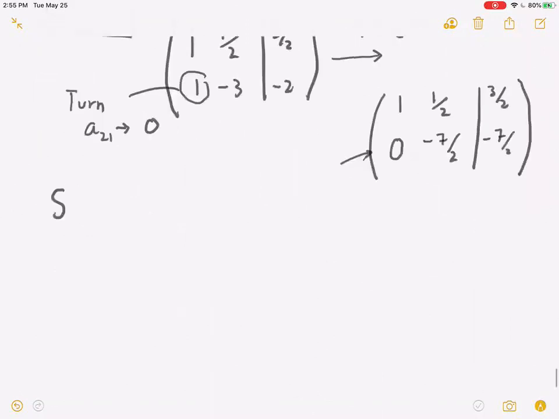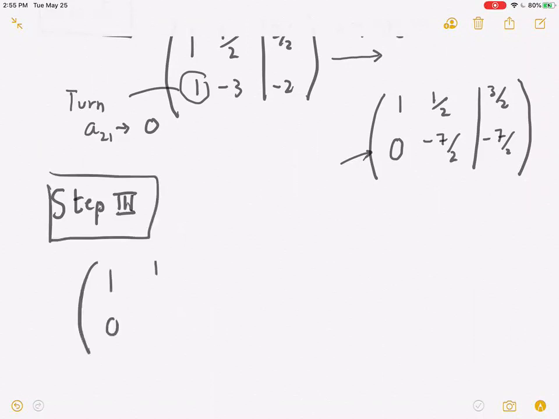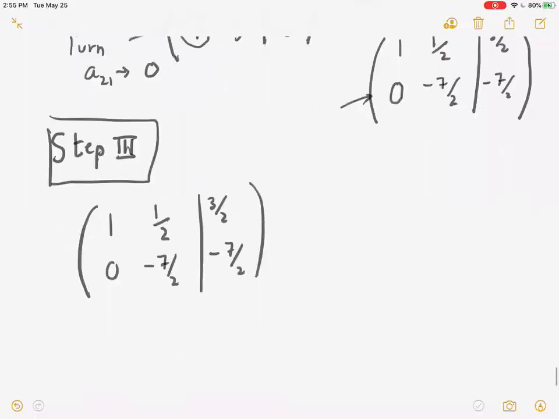Okay, step 3. Let's write down the result from step 1. Okay, in step 3, you want to turn this 2, 2 matrix element into 1. So how can you do that?